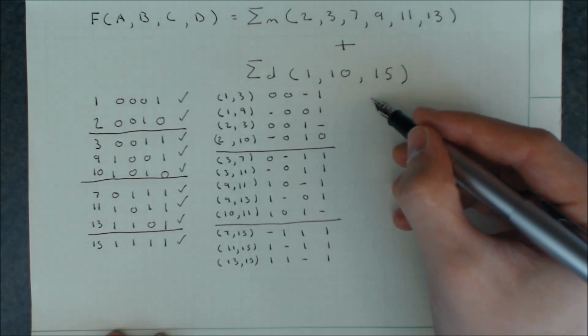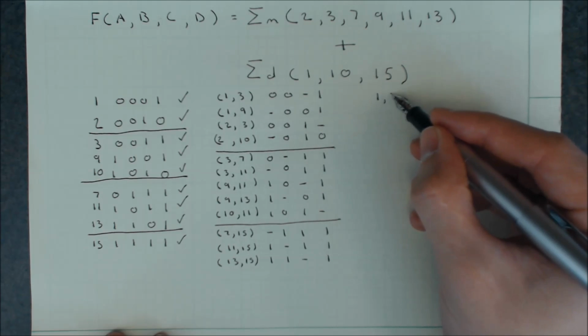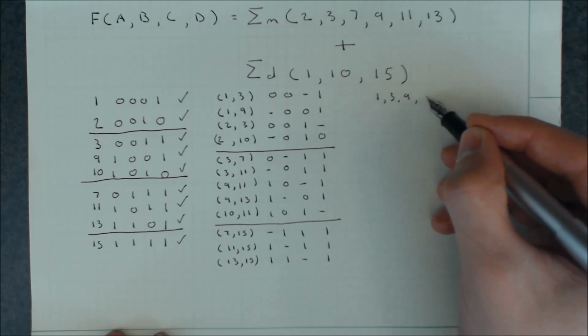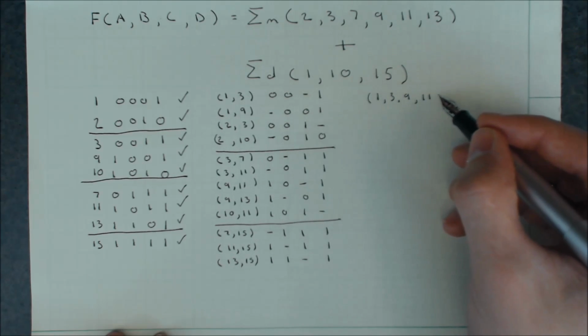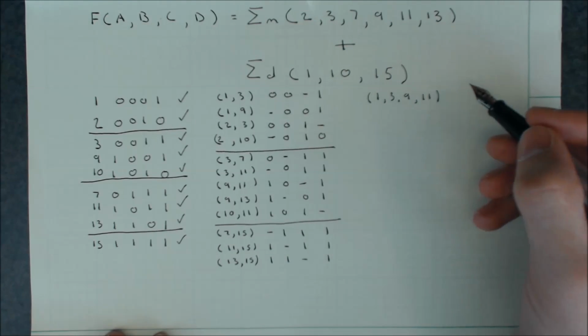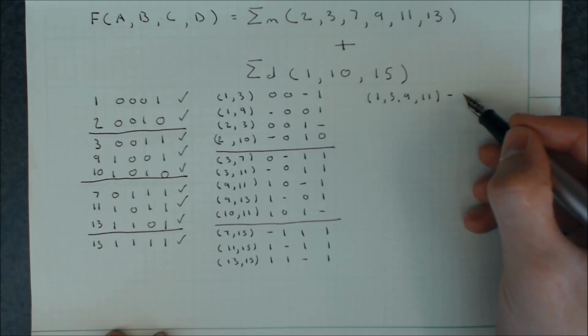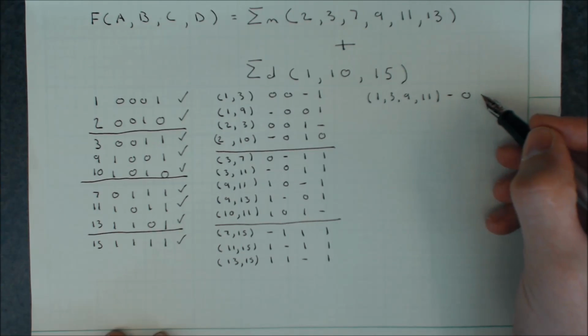So we can write that down as 1, 3, 9, 11, where the term now is dash 0, dash 1.